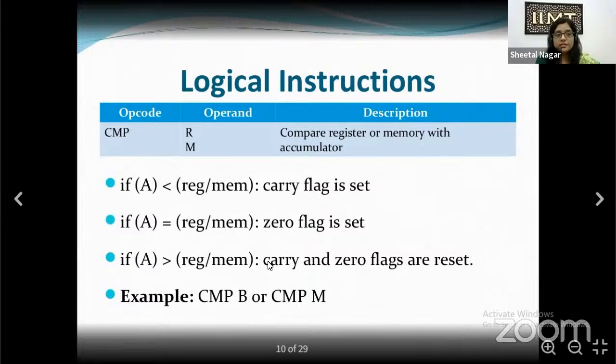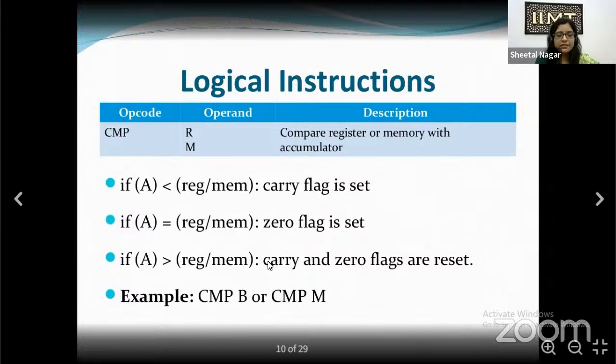If the contents of the accumulator are less than the contents of the register or memory, then the carry flag is set and the zero flag will be reset. If the contents of the accumulator are smaller than the contents of the register, then the carry flag will be set.